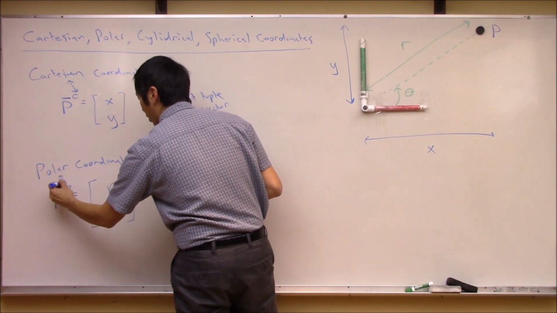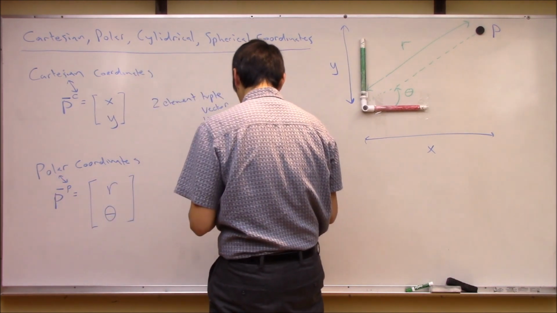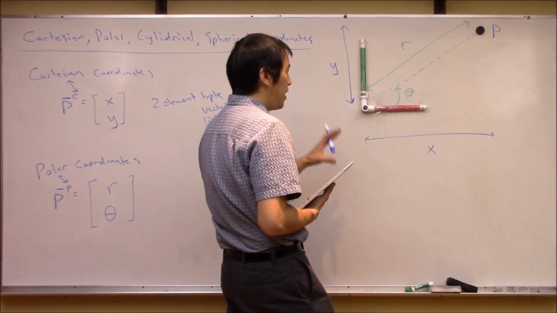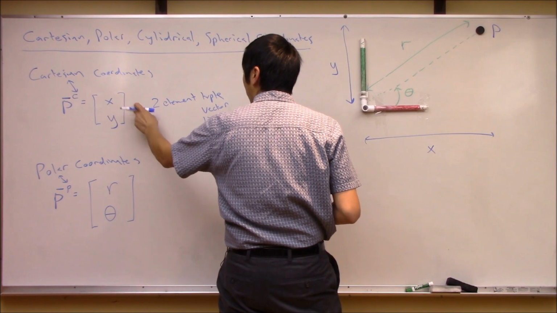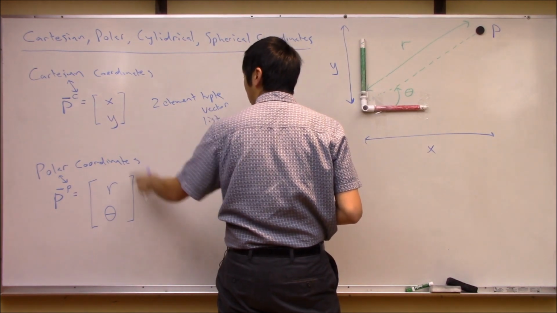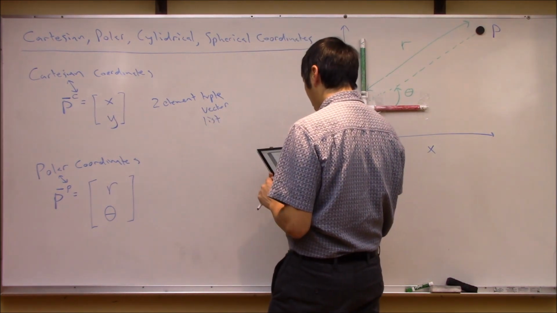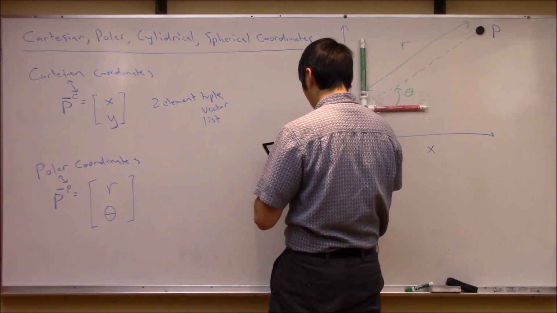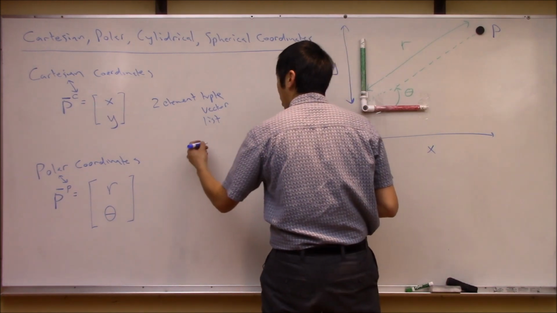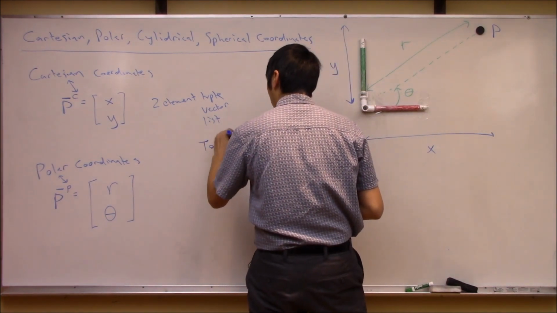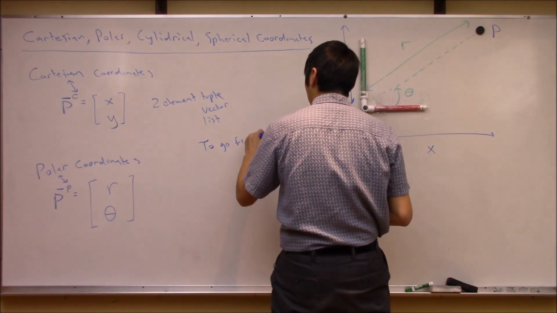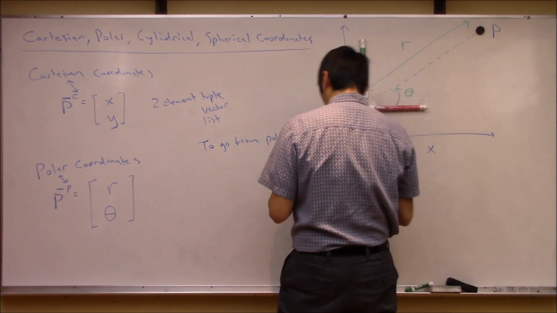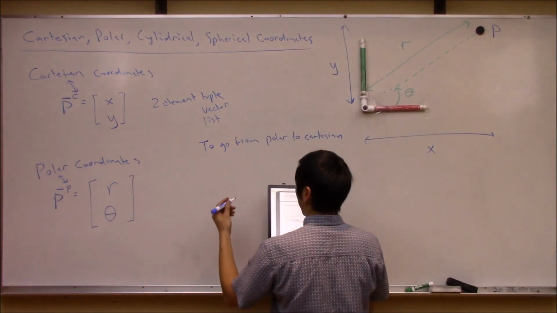for polar coordinates, right? Now we see that given this picture, there's a pretty easy relationship between the point expressed in Cartesian coordinates and the point expressed in polar coordinates. So to go from polar to Cartesian, we can see from geometry, that's pretty easy.